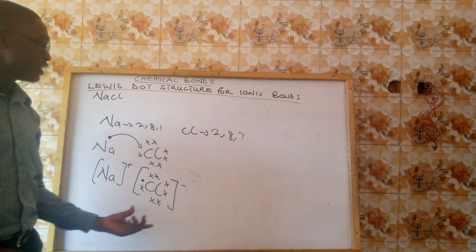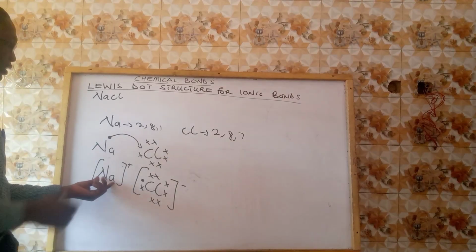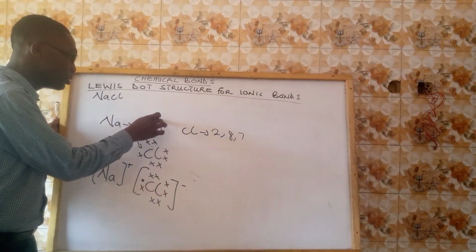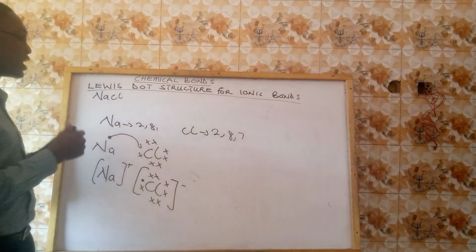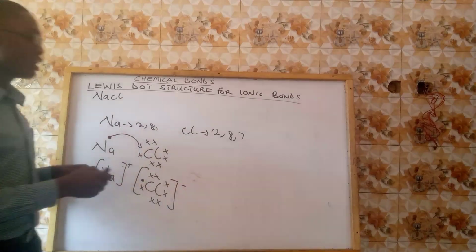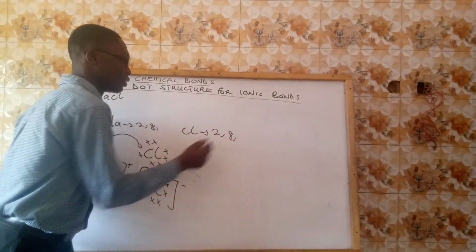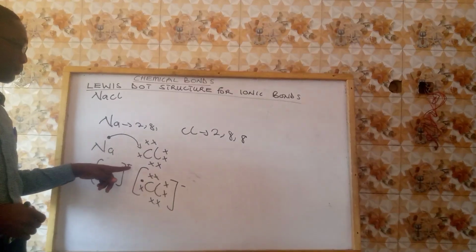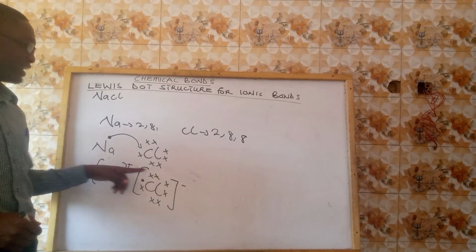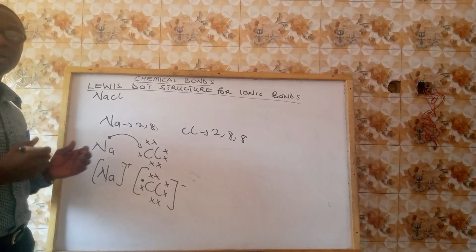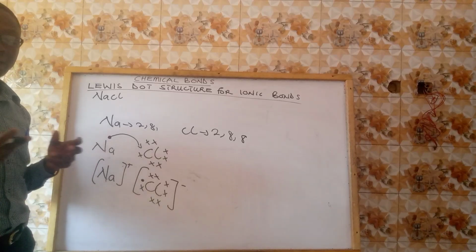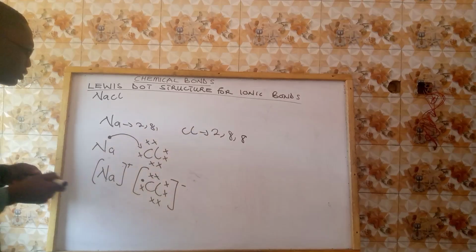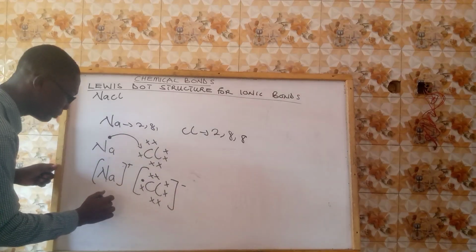There are also 8 electrons in the last shell of sodium, because when sodium loses 1, we have 8 electrons, and when chlorine gains 1, we have 8 electrons. Now we have a positive ion here and a negative ion here. Positive and negative, there will be an attraction between them. The attraction will form the bond.